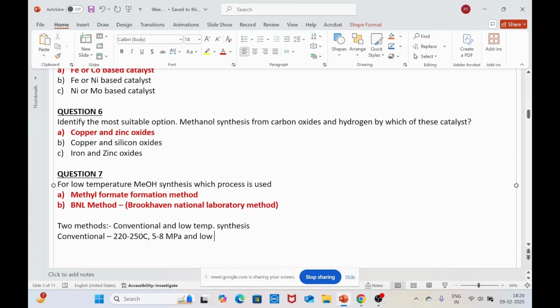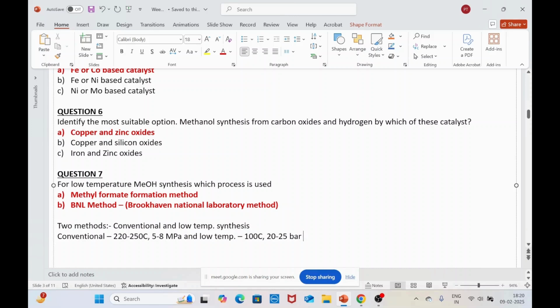And in case of low temperature, it's around 100 degrees Celsius, and the pressure is around 20 to 25 bar. So this low temperature synthesis process happens at a considerably low temperature and pressure compared to this conventional methanol synthesis process. So this is the difference between the two processes.